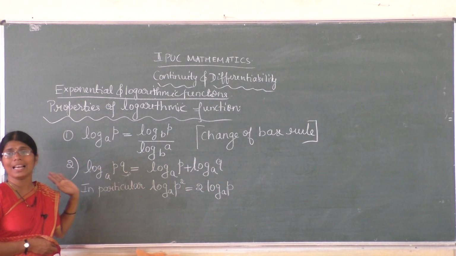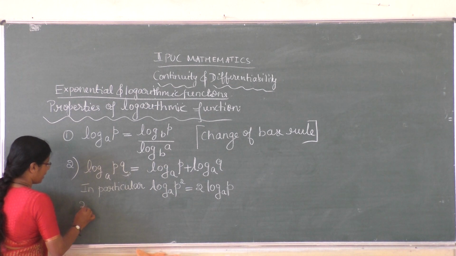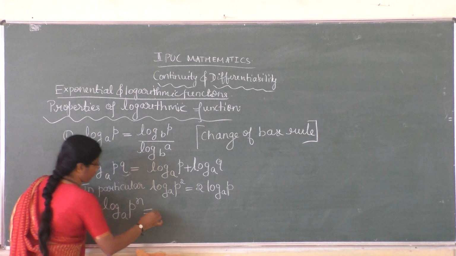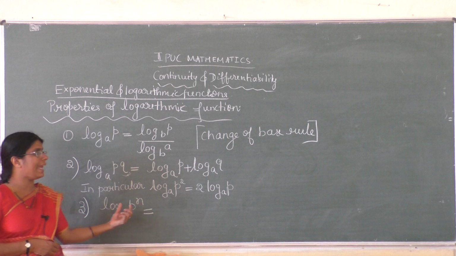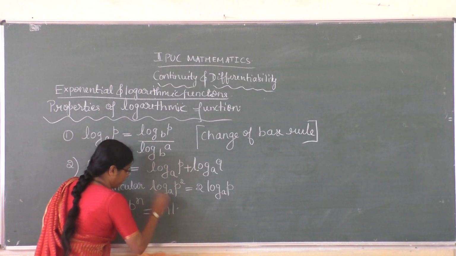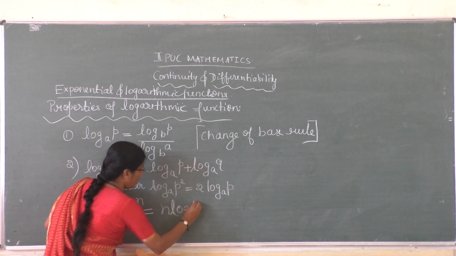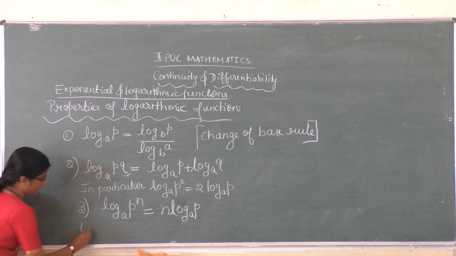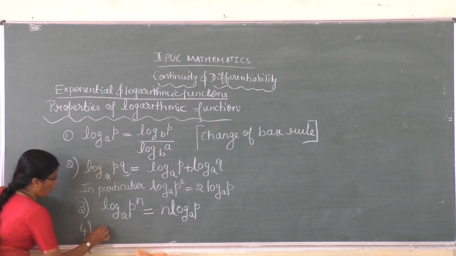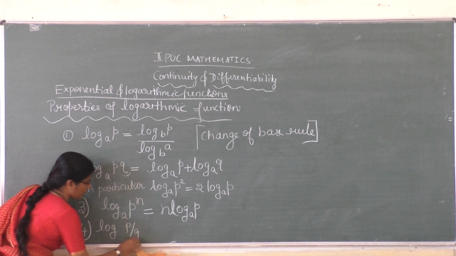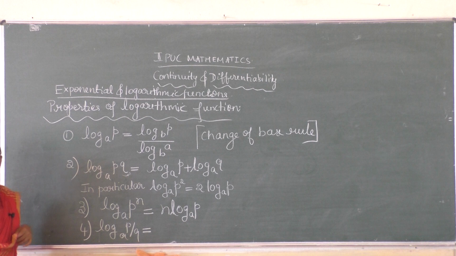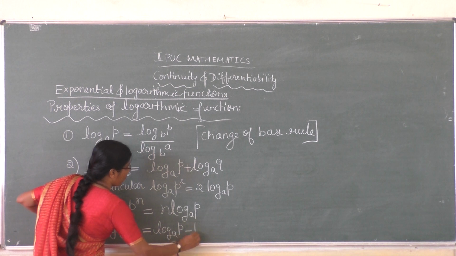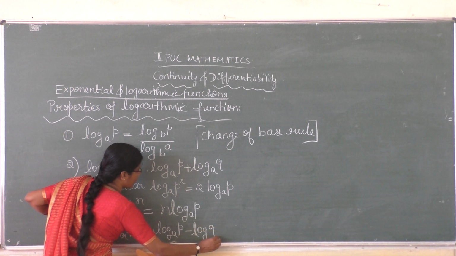So you have to generalize this. In general, suppose you have log p to the power n to the base a, that is n into log p to the base a. Then we have log p by q to the base a, that is log p to the base a minus log q to the base a.